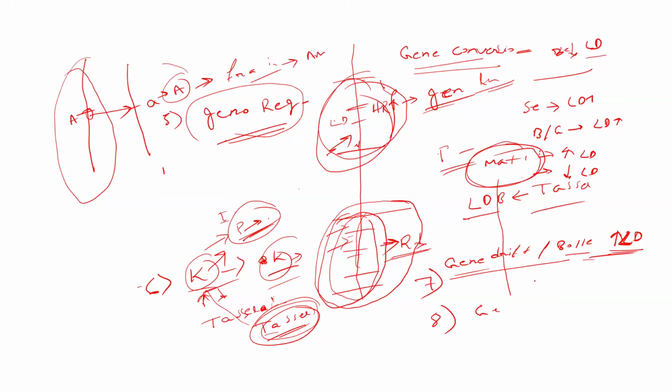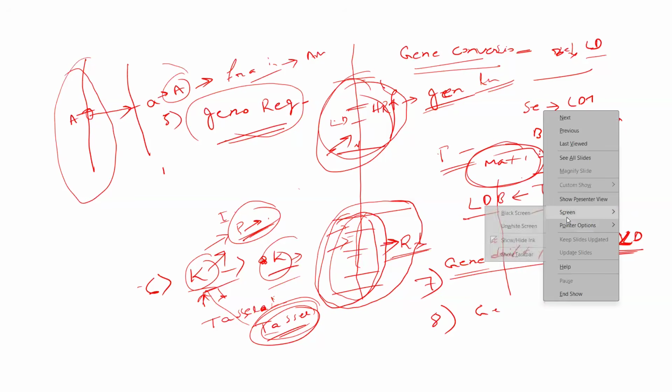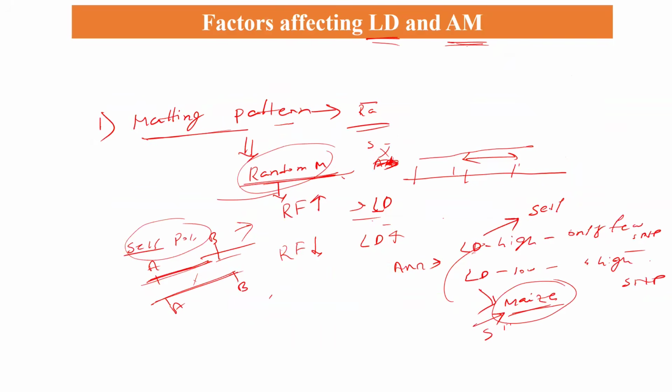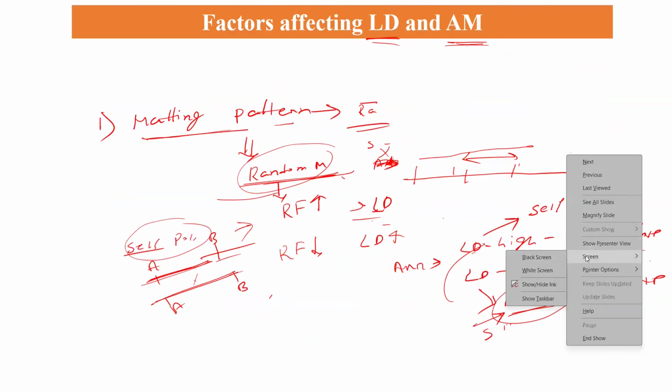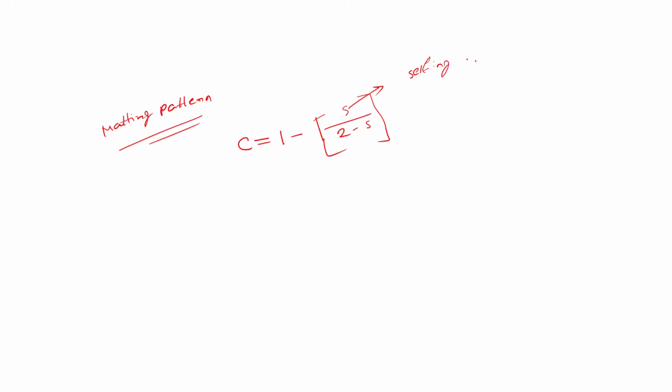There is one formula you should remember from the mathematical point of view for the exam. Crossing over rate is equal to (1 minus s) divided by (2 minus s), where s is the selfing percentage.